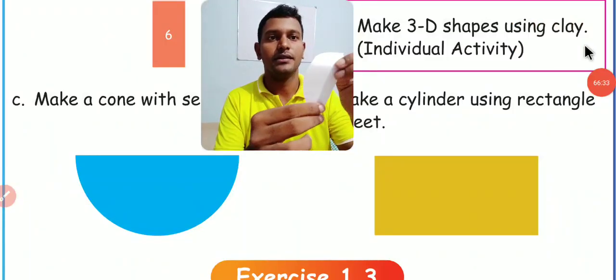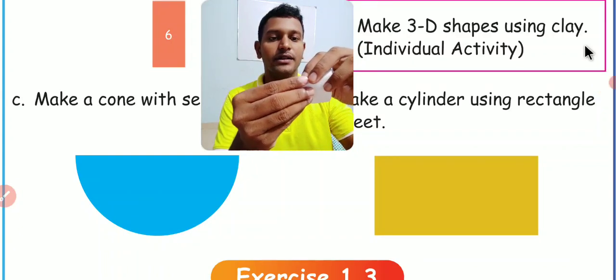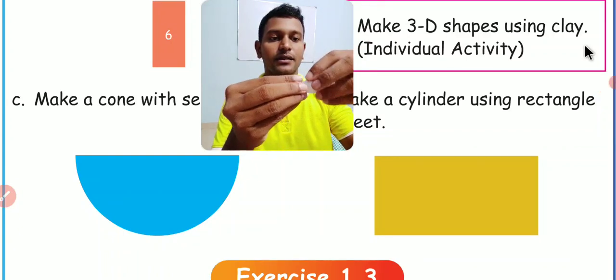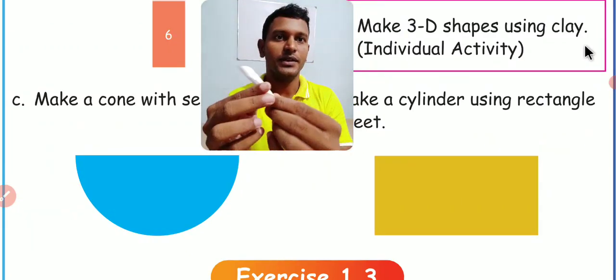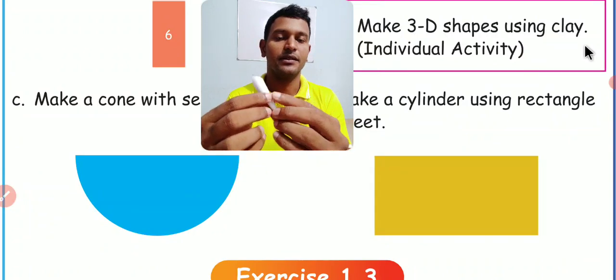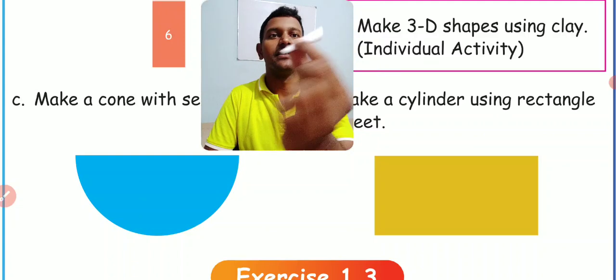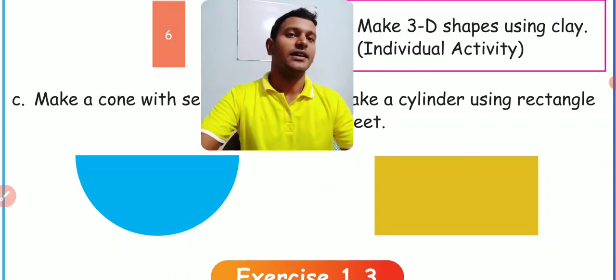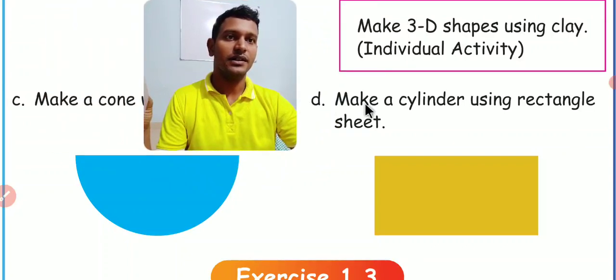You see, we just fold this semicircle. If you have the cone, what is this shape? It is in cone shape. In this way you have to make it. And the second one, using a rectangle sheet, you have to make a cylinder.